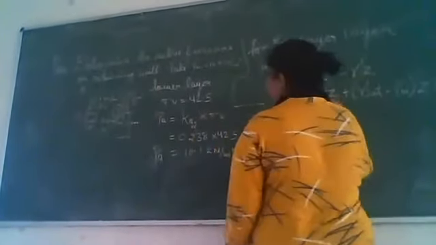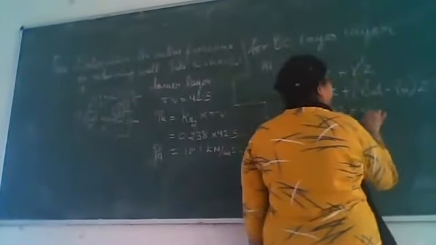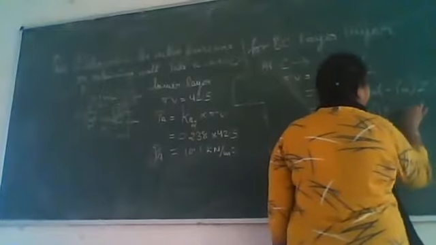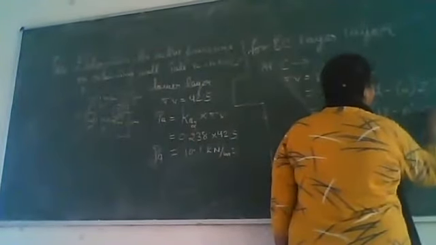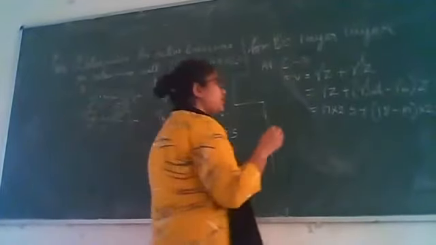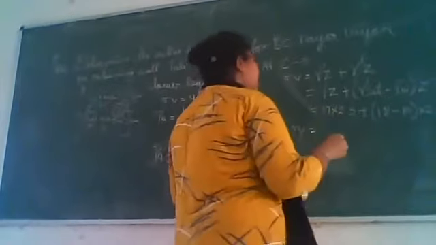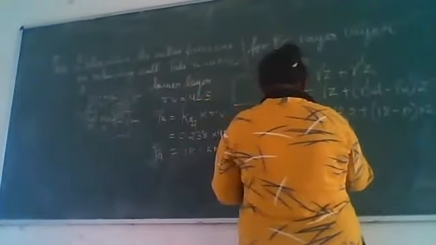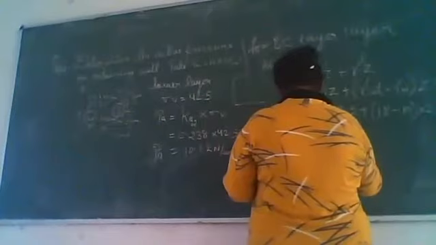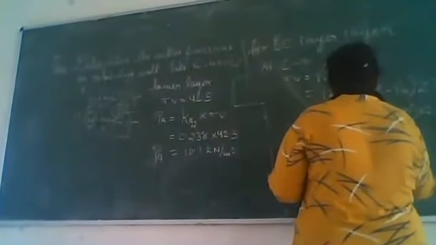So sigma V is 17 multiplied by 2.5 plus (18 minus 10) multiplied by 2.5. After solving it, my sigma V is 62.5 kilonewton per meter square.